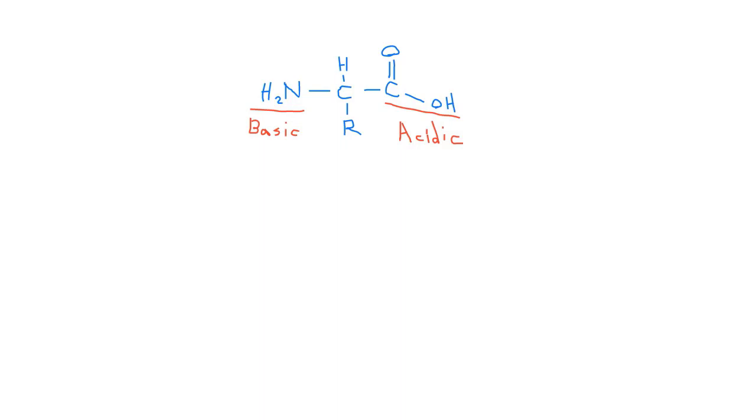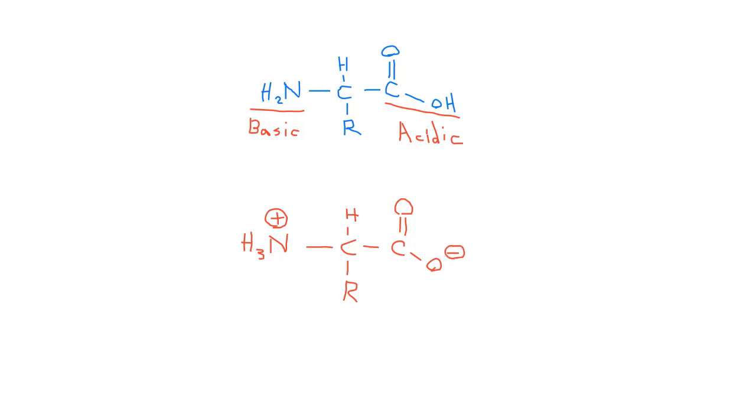Instead, amino acids tend to be found in this form here. The negative charge there, your R group carbon, and the nitrogen with 3 hydrogens and a positive charge rather than 2 hydrogens.